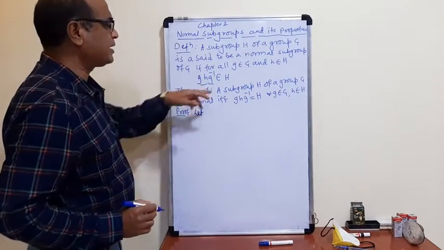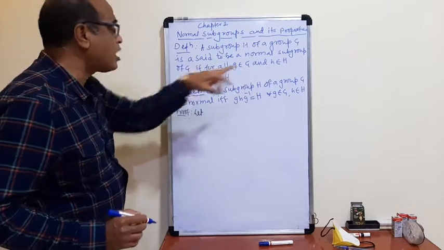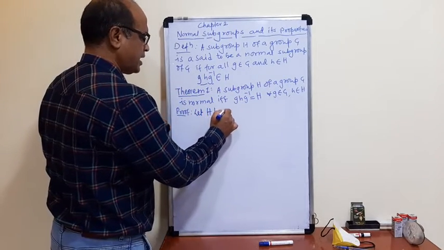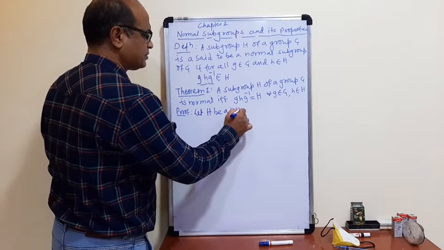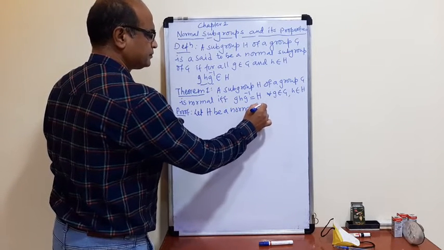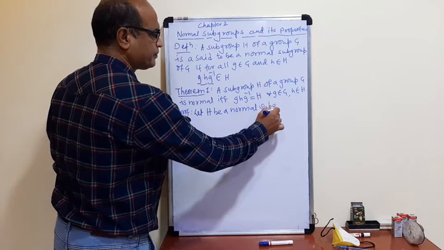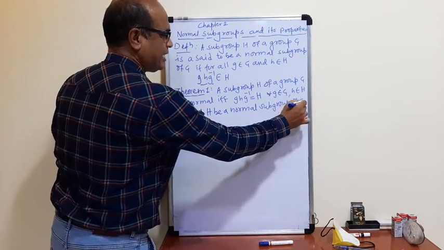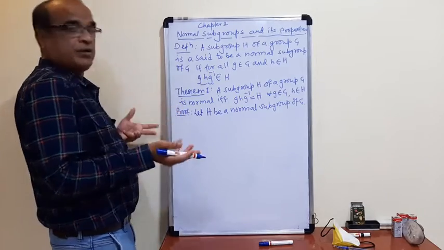So what is given here? Let H be a normal subgroup of G. So that is given. What are we proving here?